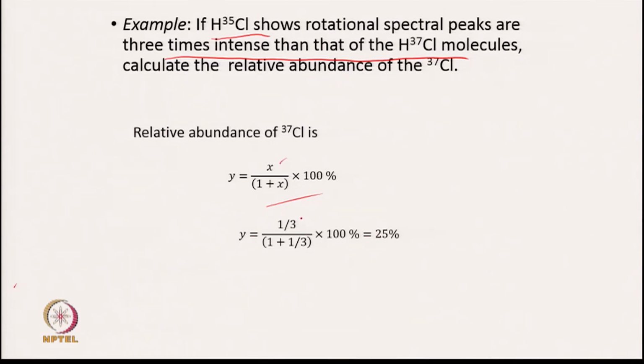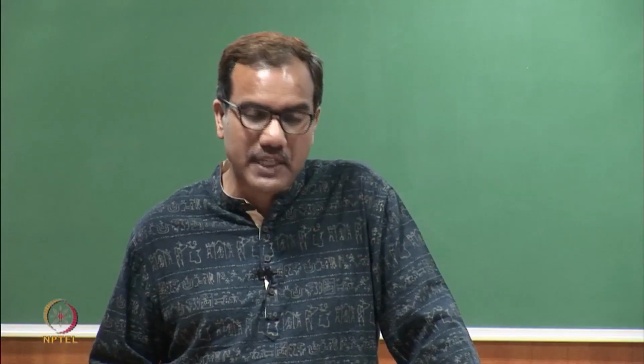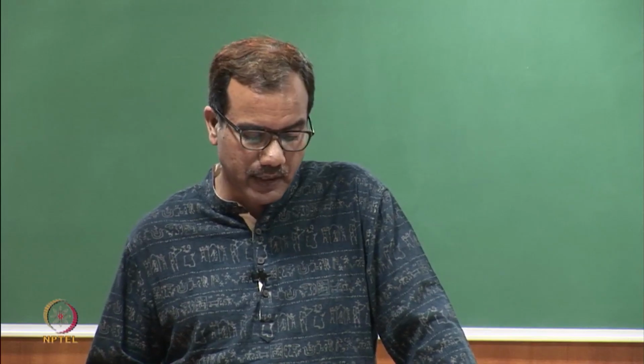If you put x equal to 1 by 3, you are going to get 25%. So just by looking at the intensity of different peaks in the rotational spectrum, we can calculate the relative abundance of the isotope. There are other applications of rotational spectroscopy.